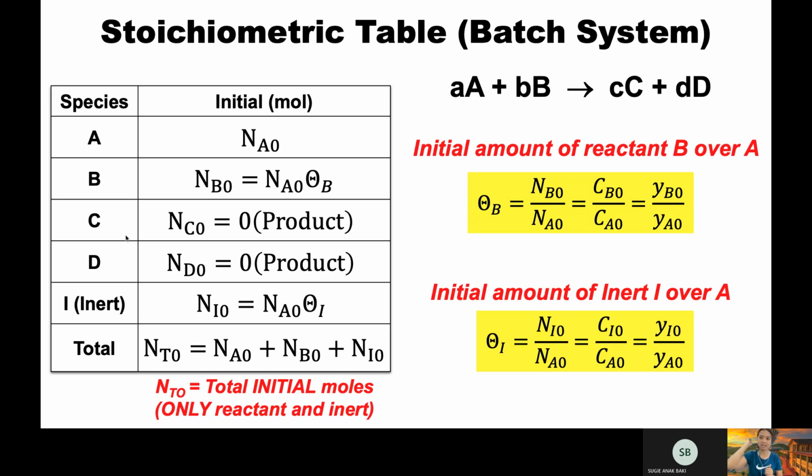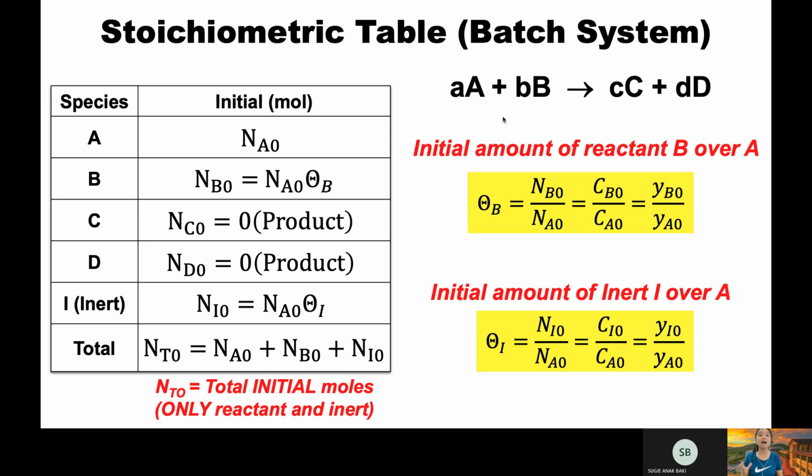Okay, so for C and D, logically, before I forget, in this example A and B are reactants, and C and D are products. So naturally, the initial amounts of A and B will exist because they are your reactants, right? It means at time 0 we already have these two reactants and we can measure how many moles.